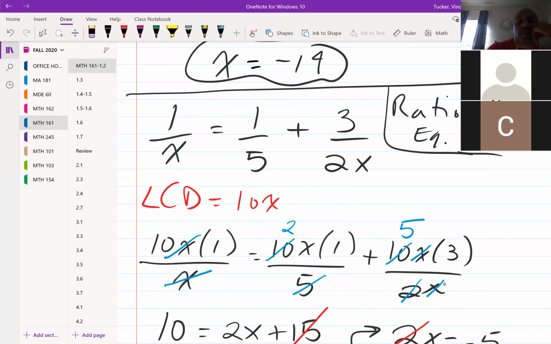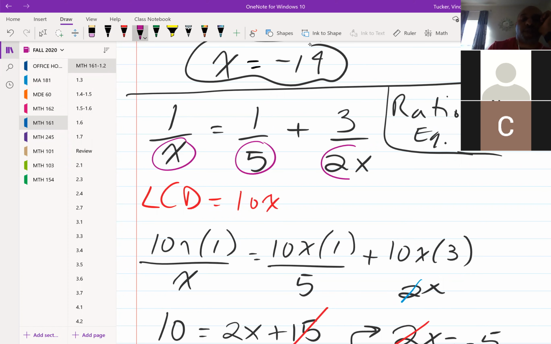So let me erase some of this stuff. I'll rewrite it. All right, so our LCD here, we're looking at x, 5, and 2x.